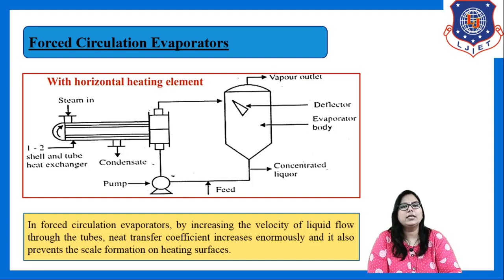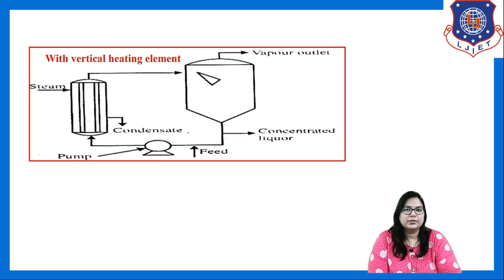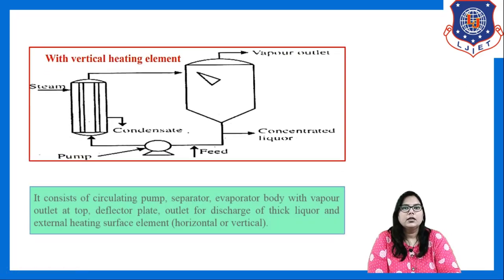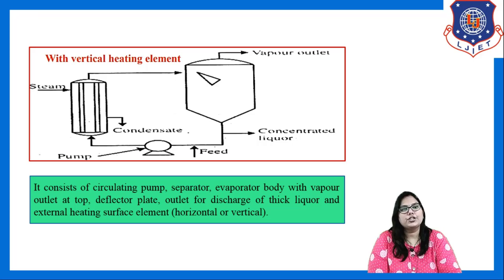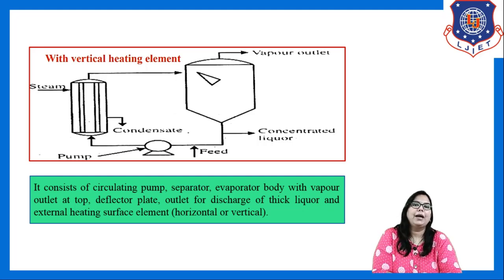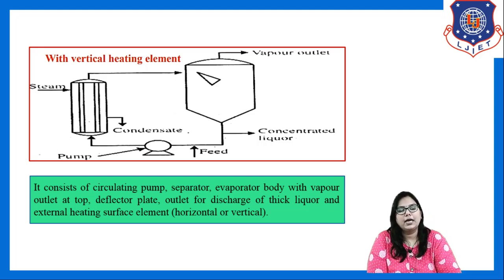Let's see the figure of the second type. This is the forced circulation evaporator with vertical external heating element. If you compare the previous figure and this one, the parts of this evaporator are the same.